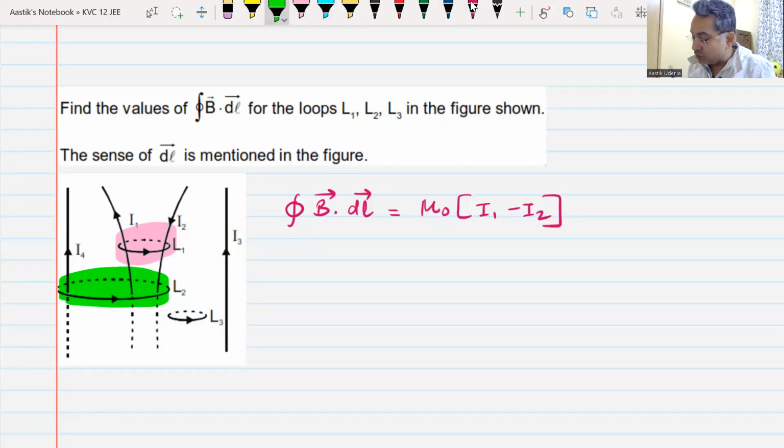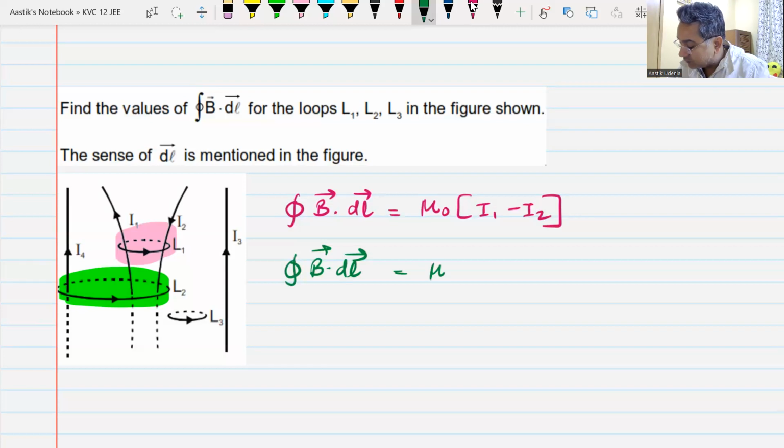Then comes the second loop, L2, the green loop. Line integral of magnetic field in this loop. The sense of direction of the loop is given. I4 and I1 are positive and I2 is negative.